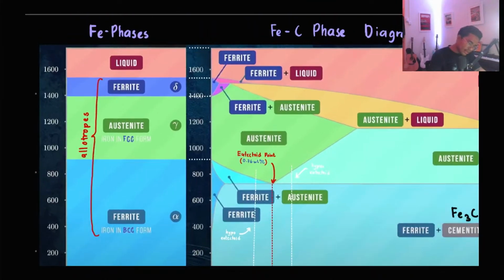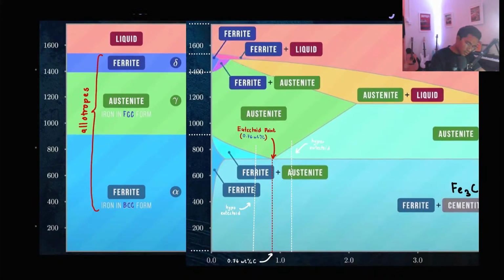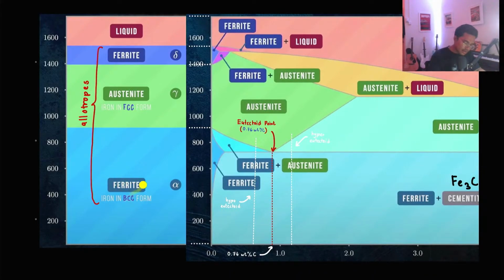So this is pure iron. Pure iron has different, we call, phases. Like the phases of water, you have solid, you have liquid, and you have gas. So for steel, you have liquid, ferrite, austenite.